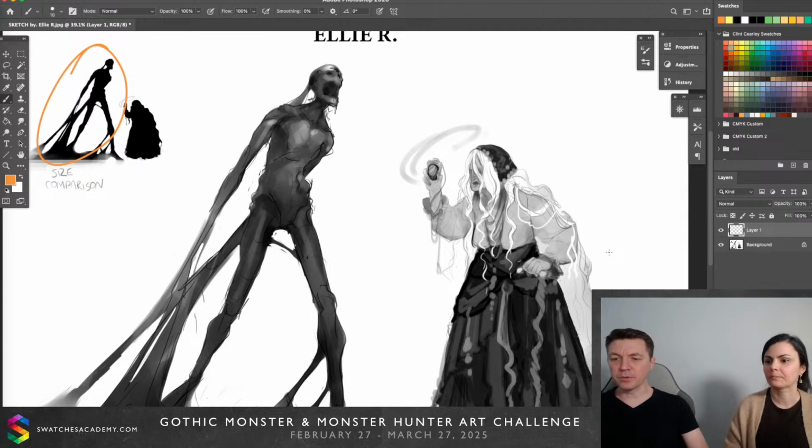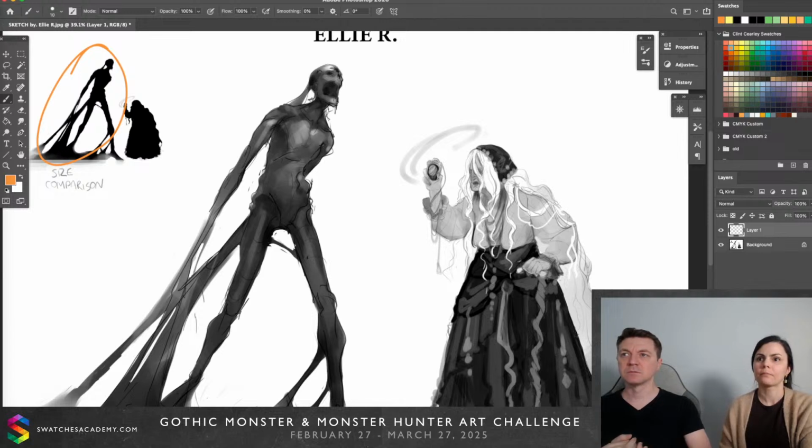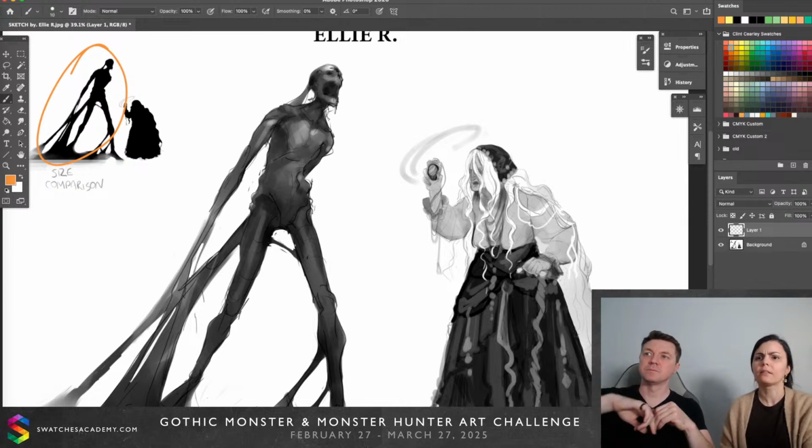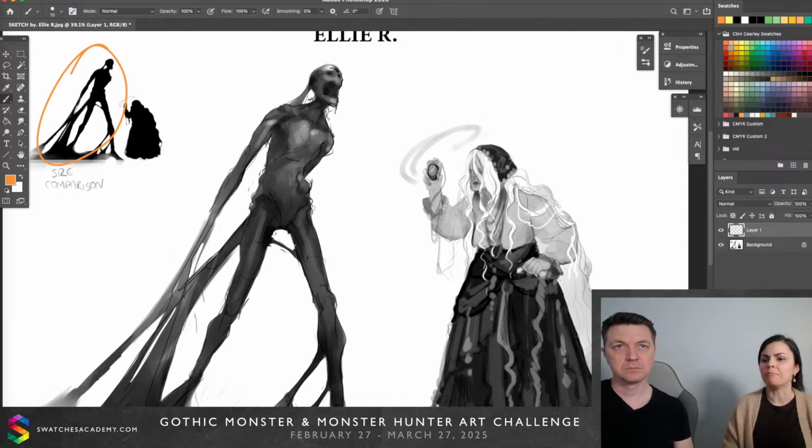What are some of the things that we could consider doing to the Abyssal Phantom visually to make it a little more engaging? Which one is this? The bottom one. Okay. Well, we're not getting much with the anatomy.